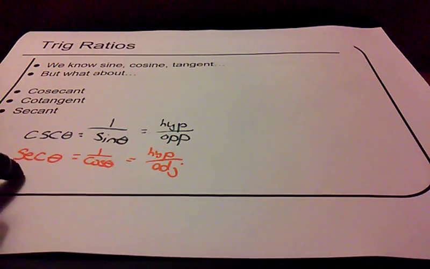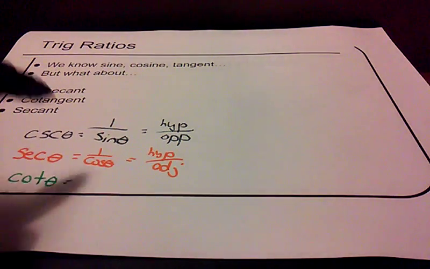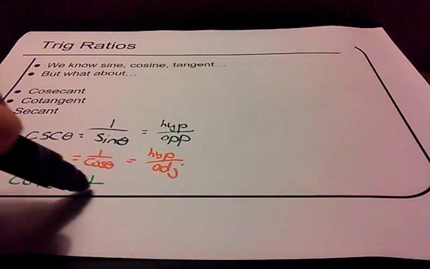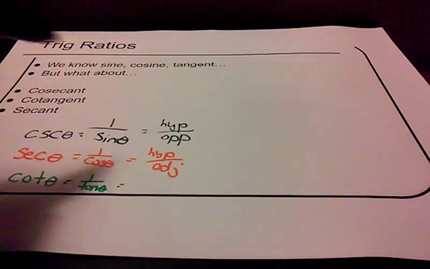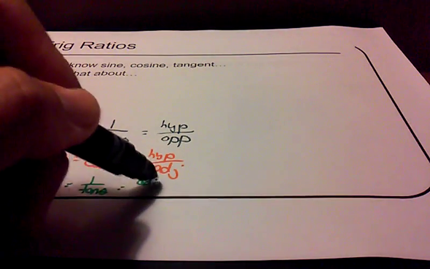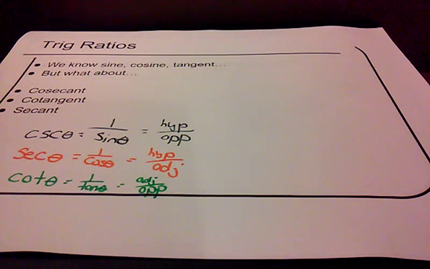Cotangent, which is represented by the letters COT, is the reciprocal of tangent, so 1 over tangent. Since tangent is opposite over adjacent, then cotangent would be adjacent over opposite. So those are the values to find the ratios of cosecant, cotangent, and secant.